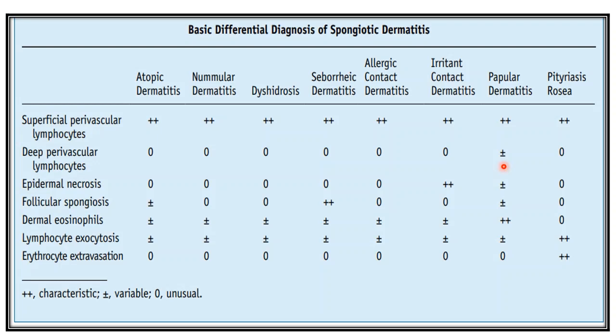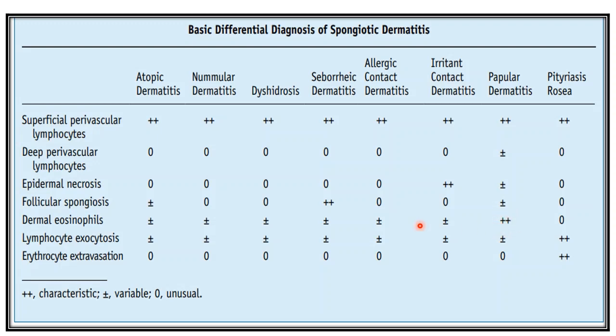Epidermal necrosis is seen in irritant contact dermatitis and may or may not be seen in papular dermatitis. Follicular spongiosis is characteristic in seborrheic dermatitis and may be seen in papular dermatitis and atopic dermatitis as well. Dermal eosinophils are present in all except pityriasis rosea but are characteristic in papular dermatitis.